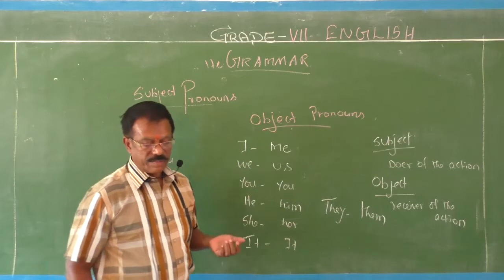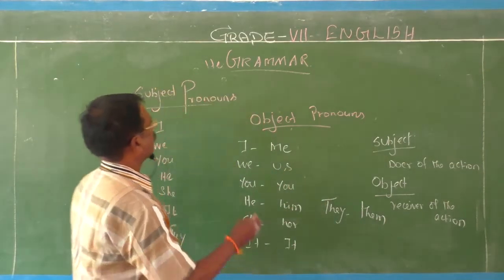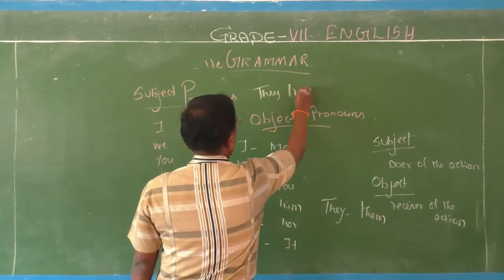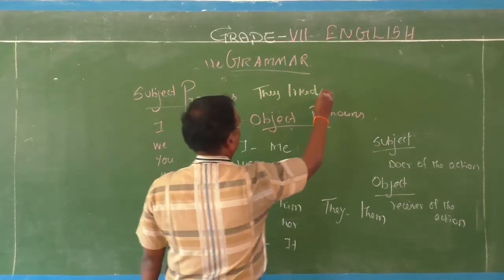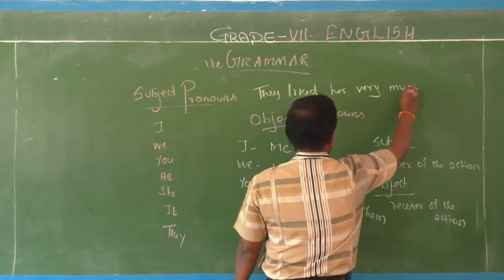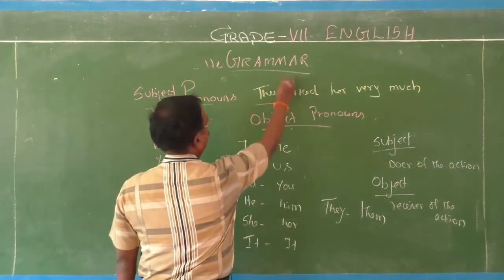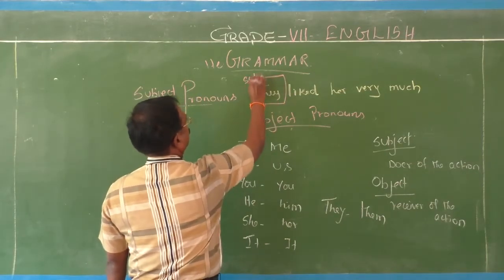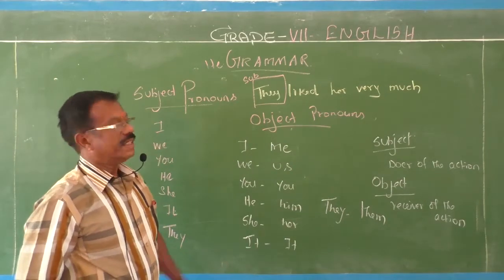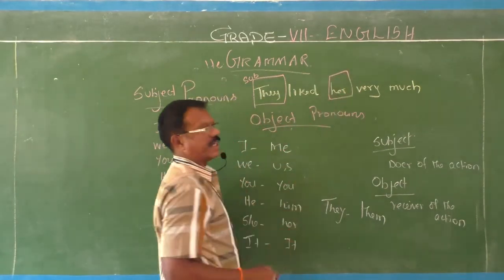Okay. I will give you a simple example. Then you can easily understand. See. They liked her very much. See this example. They liked her very much. In the example, they, subject. Subject pronoun. Okay. Liked, verb. They liked whom? Her. She is the receiver of the action.